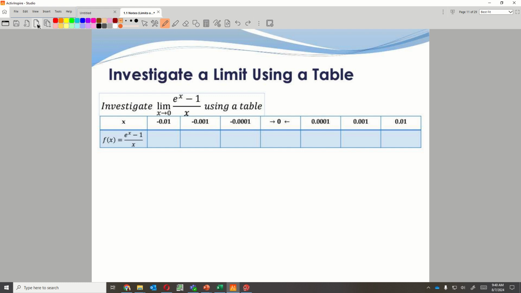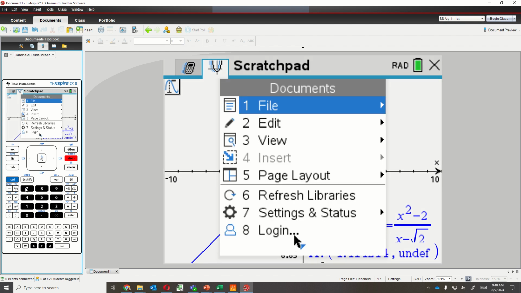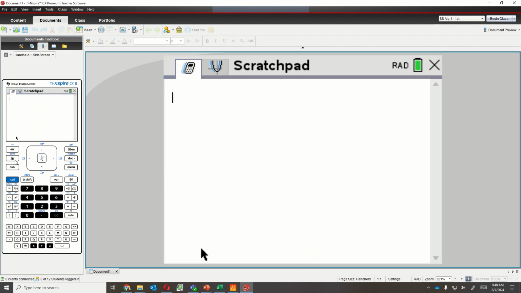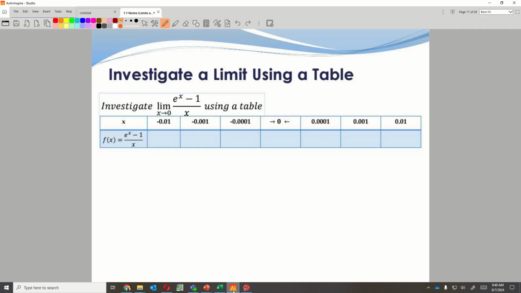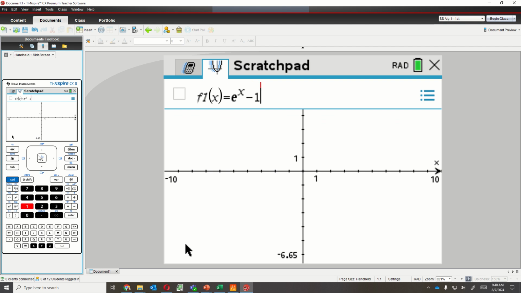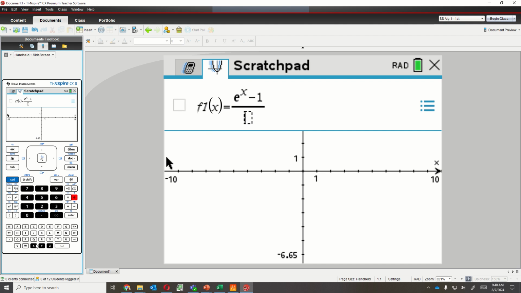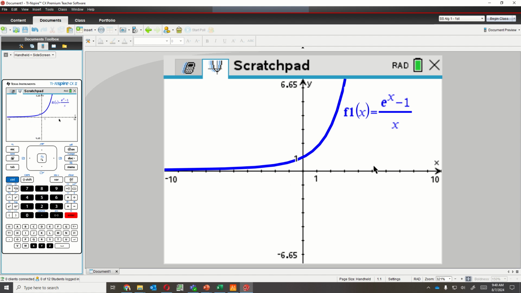All right, I'm going to enter this one in now. E to the x minus 1 over x. There we go.